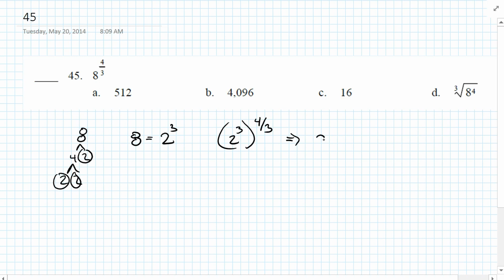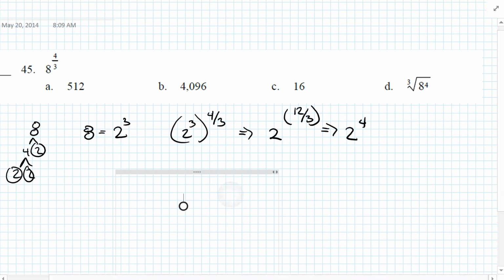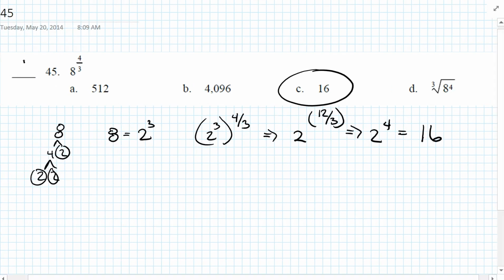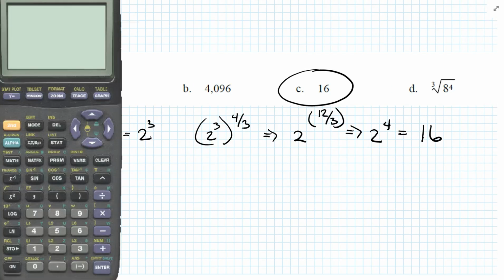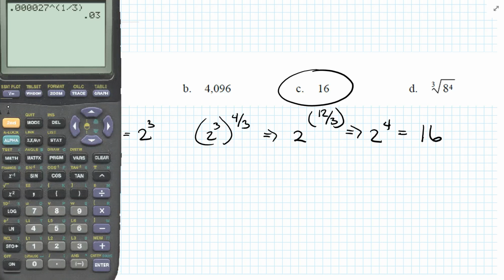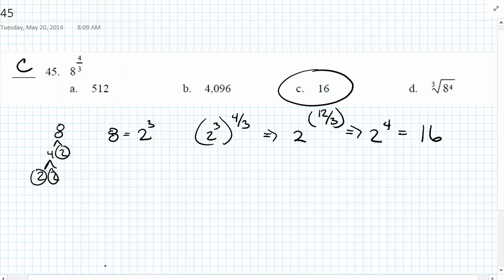So this is the same thing as 2 to the 3 times 4 over 3, 12 over 3, which is the same thing as 2 to the 4th. And 2 to the 4th is 2, 4, 8, 16. The answer is C. And again, you could also do that pretty easy calculator work too, I believe. You could just put 8 raised to the 4 over 3. I'm not mad if you do it that way either.